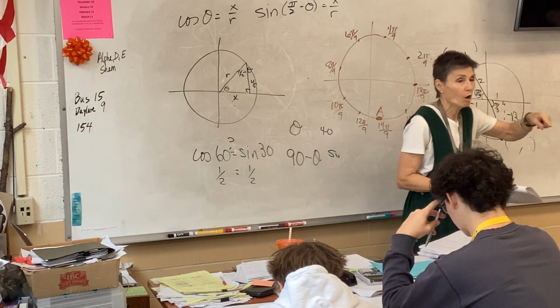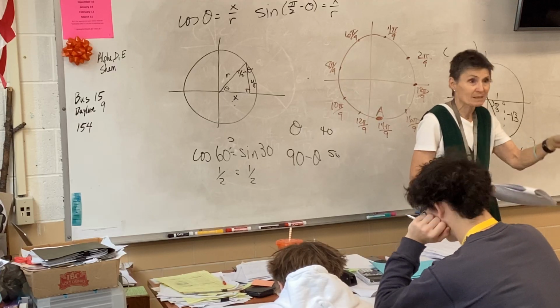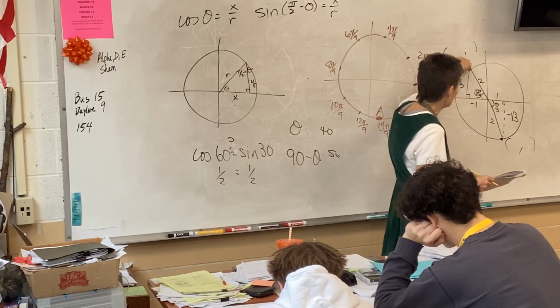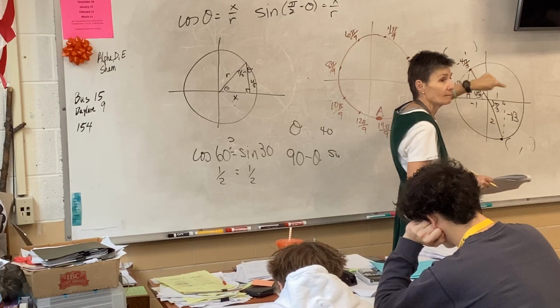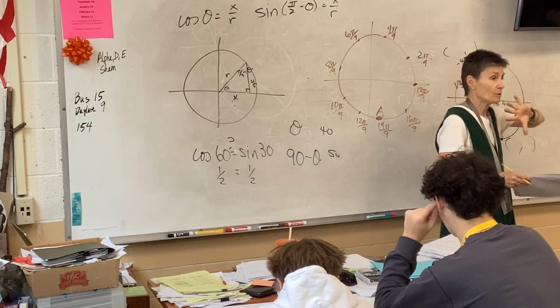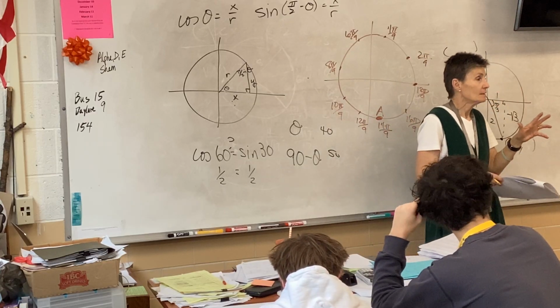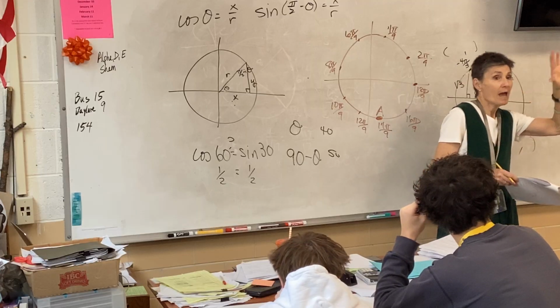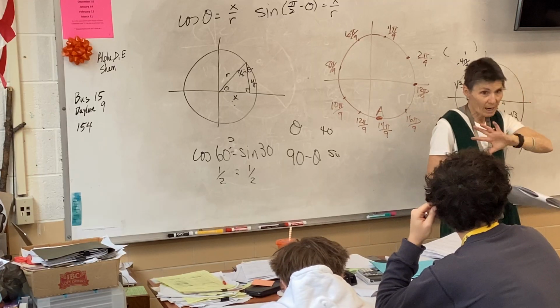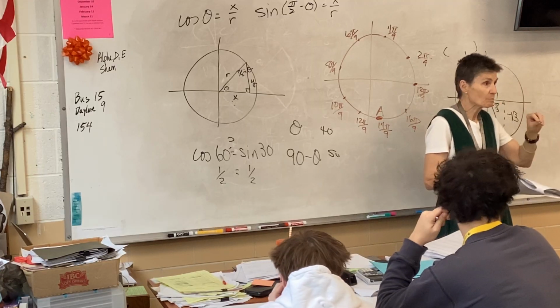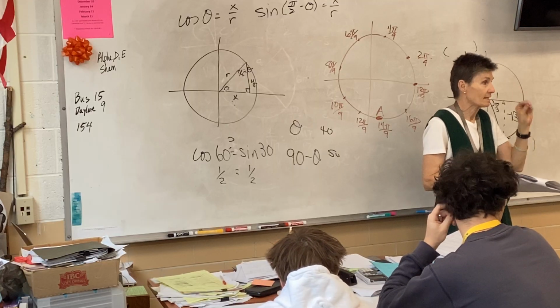But they won't all be in the same spot. Coterminal means they are in the same spot. And you can only be in the same spot if you are adding a revolution or subtracting a revolution, which in this problem would be 12/6.